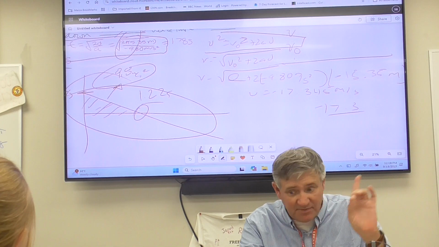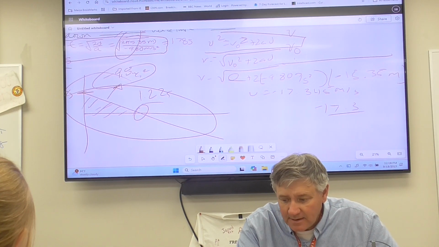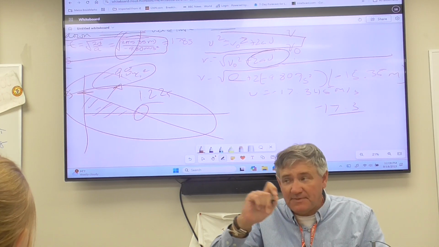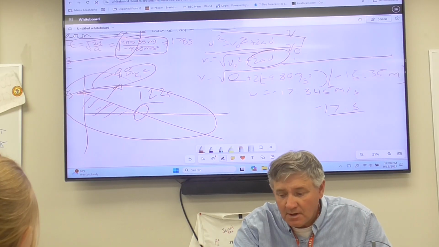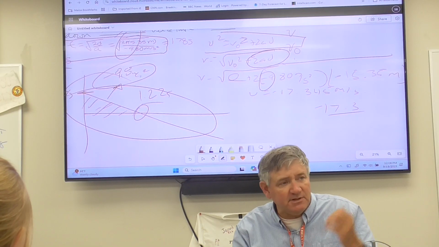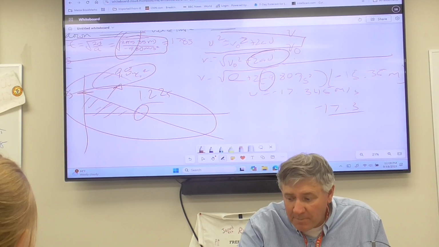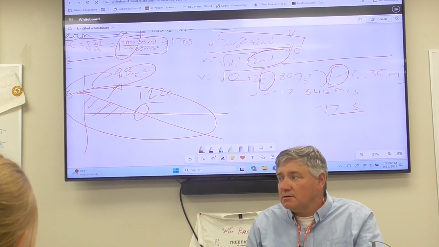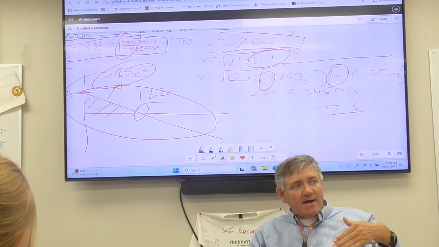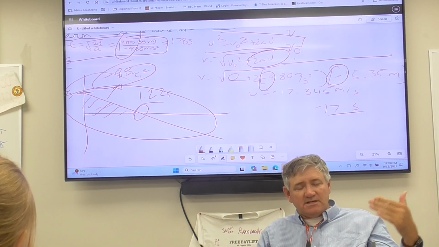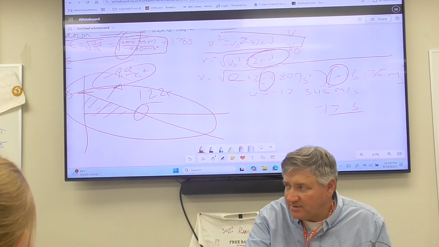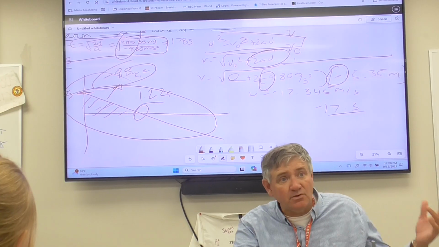Now, this is what Nathan did that was nice. You have 2AD, and it's the same thing that Natalie ran into. I got negative 9.8 meters per second squared, because you have to be consistent. But to avoid a negative underneath the radical and irrational velocities, he used negative 15.35, which is cool.